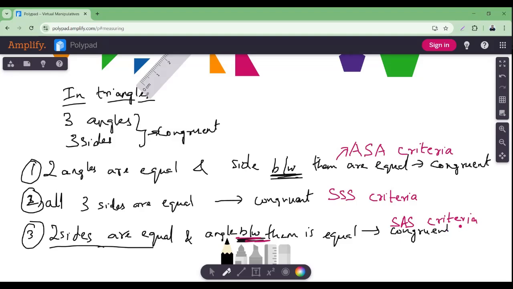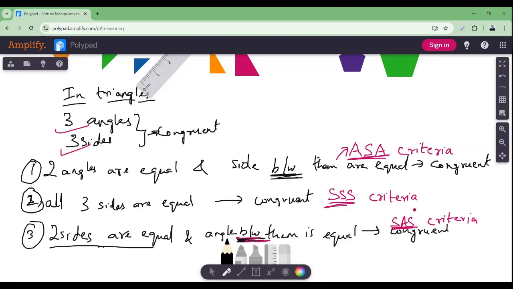Okay. So though a triangle has 6 parameters, that is three angles and 3 sides, the necessary criteria involve 3 things. Either it is 2 angles and 1 side between them, or 3 sides, or 2 sides and the angle between them.